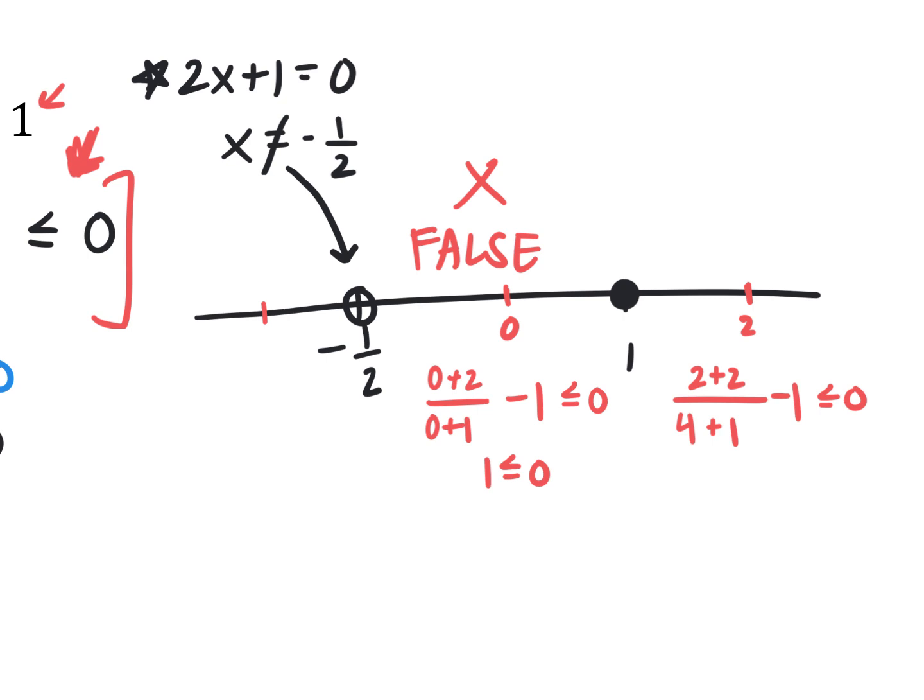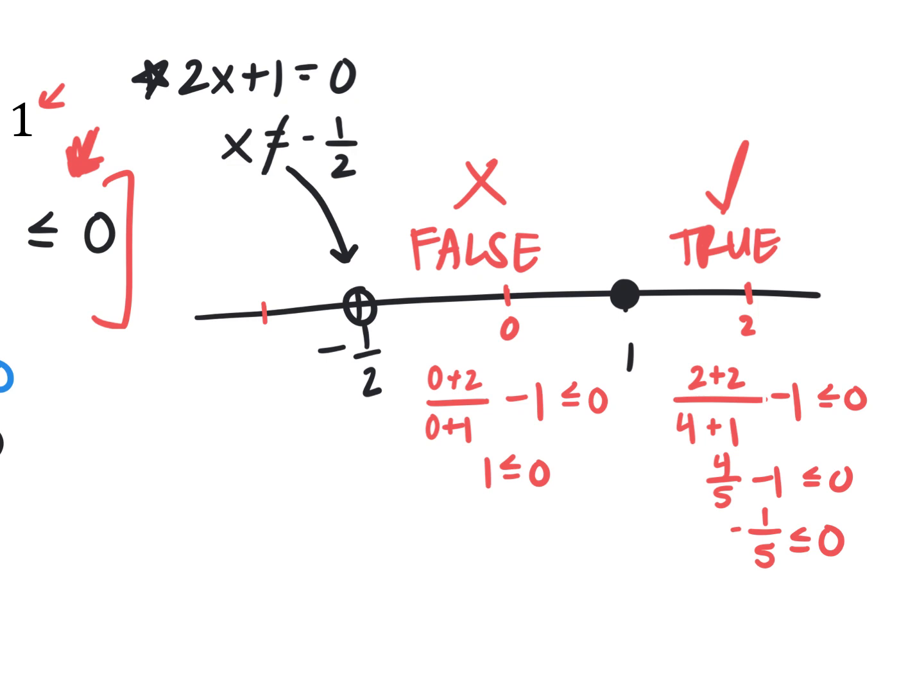Well, let's finish evaluating it. I got 4 on top, 5 on bottom. So 4/5 minus 1 would give me negative 1/5, right? Is that less than or equal to 0? Yes. So this would be true. That means that any value that I pick on the right side of 1 to plug in for x is going to make that inequality true.